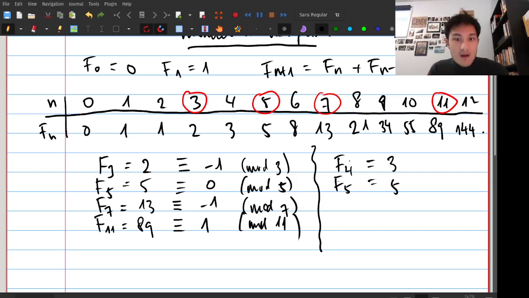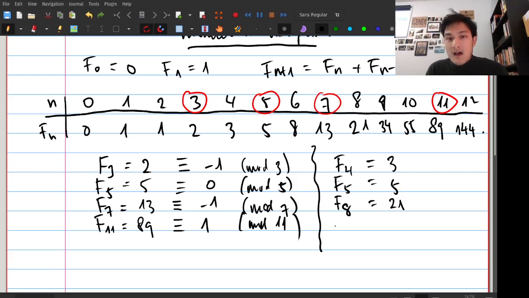Now, how about f7? f7 was negative 1 modulo 7. So we take 7 minus minus 1, so we add 1 again. And we look at f8, and f8 is 21. Okay, so now we're starting to see something. So 3 is a multiple of 3, obviously. 5 is a multiple of 5. 21 is not equal to 7, right? It's not exactly equal, but 21 is a multiple of 7, right?